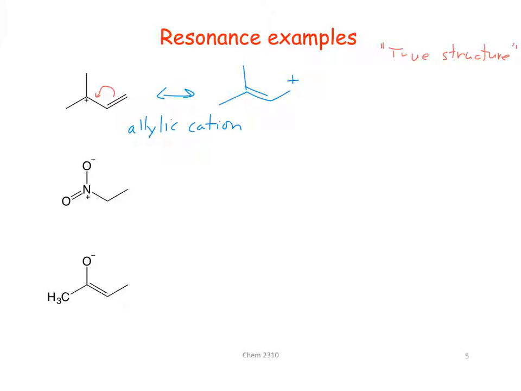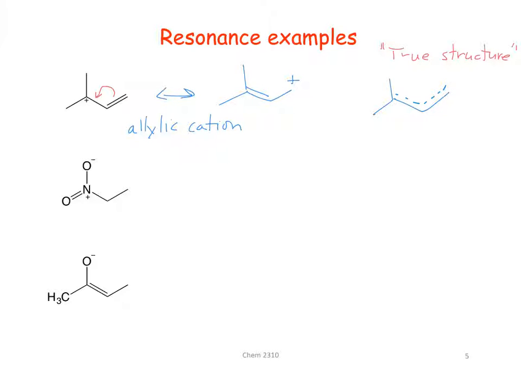Okay, so the true structure would have the same carbon skeleton, but notice that in our two contributors, in one case the double bond's here, and in one case it's a single bond there, and in this case it's a double bond there, single bond over here. So in the true structure, we're going to have partial bonds here.